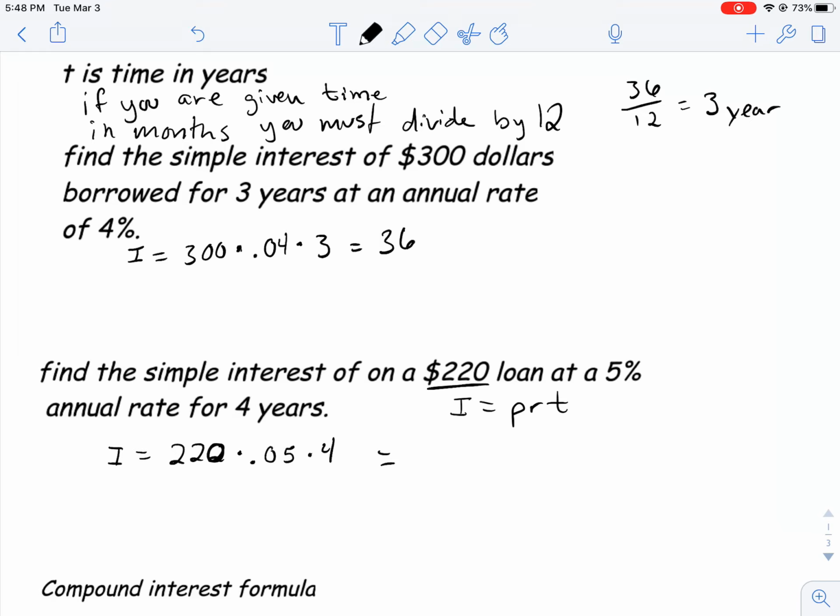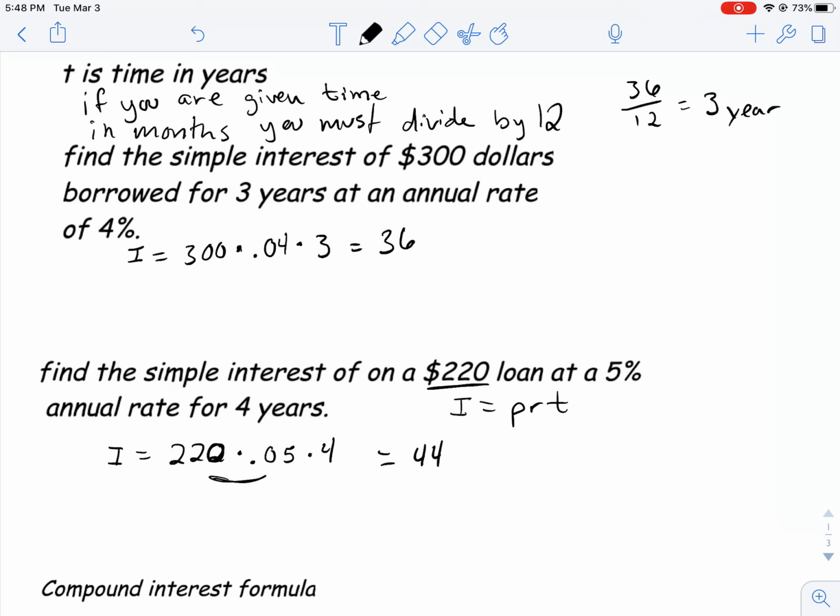so 220 times 0.05 would be $11. $11 times 4 would be 44. I did this multiplication first. Multiplying by 0.05 is like taking half and then also moving the decimal over 1 to the left. So half of 220 is 110.